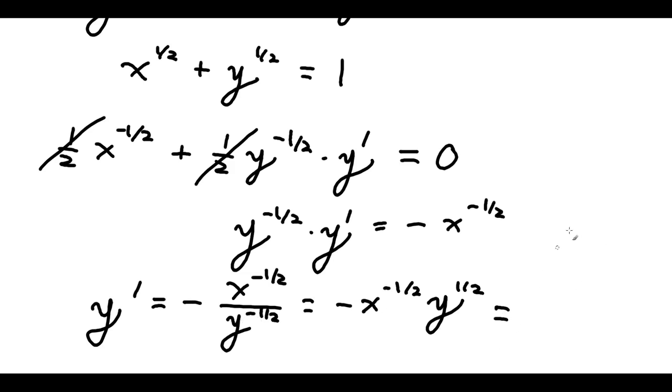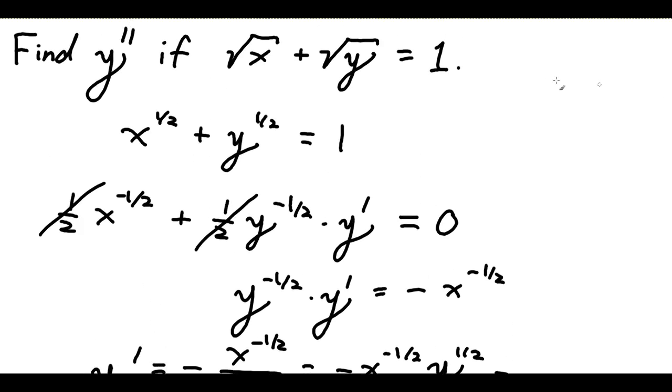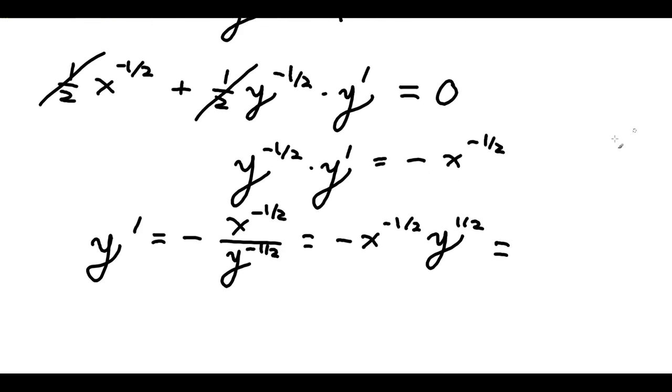The original equation was given to us in terms of radicals, not fractional powers. So if we wanted to write this in terms of radicals, we could say that this is negative square root of y divided by square root of x, just translating those negative and fractional exponents back into radicals and fractions. So there's an expression for y prime, right?